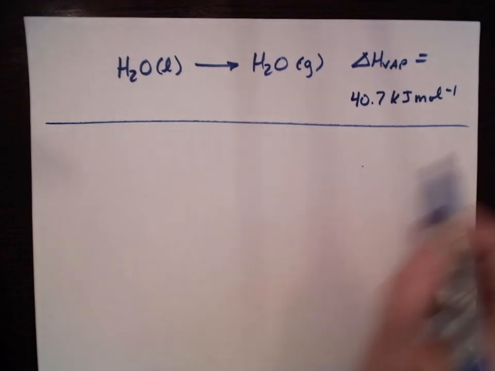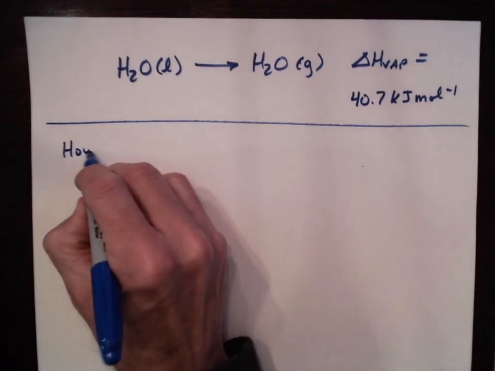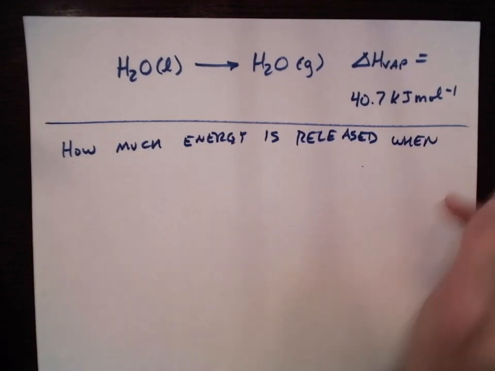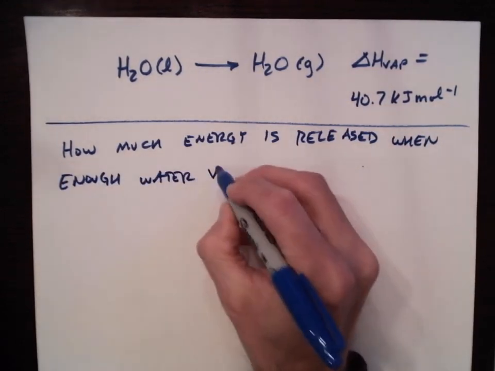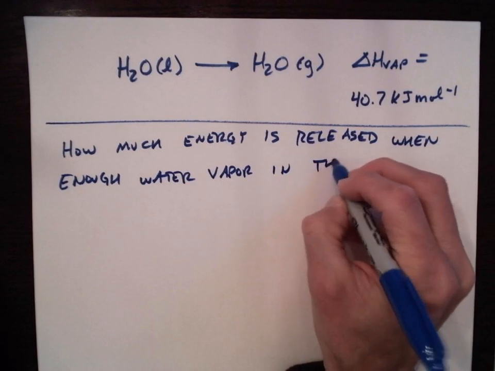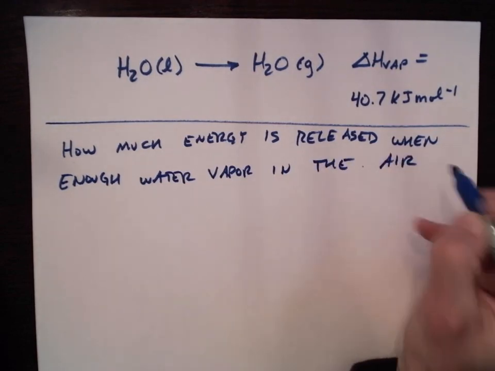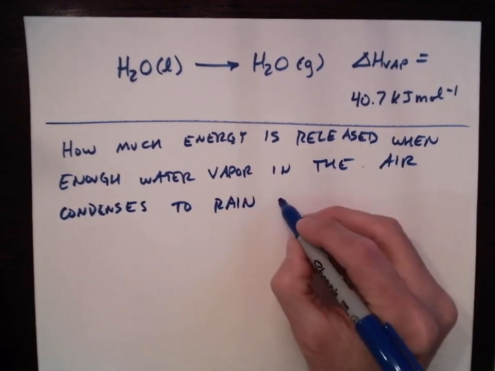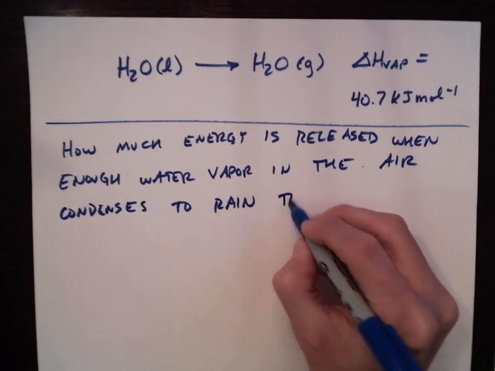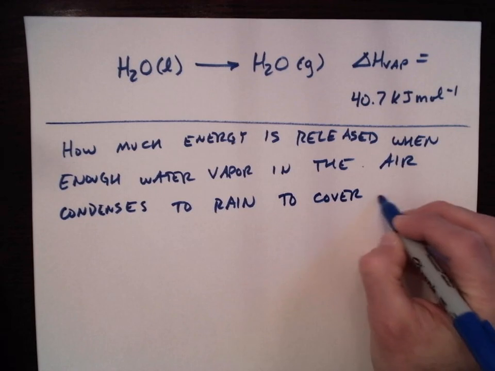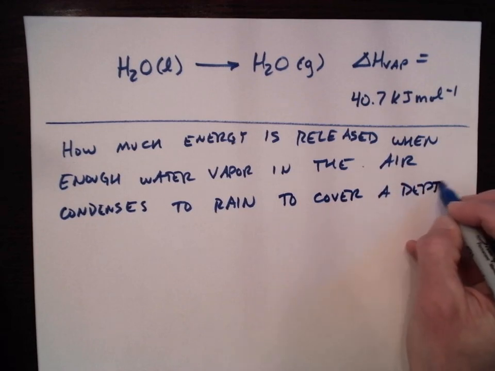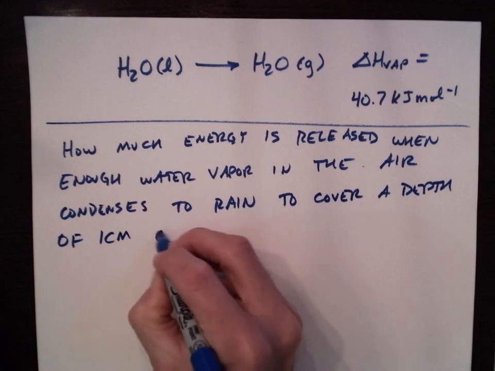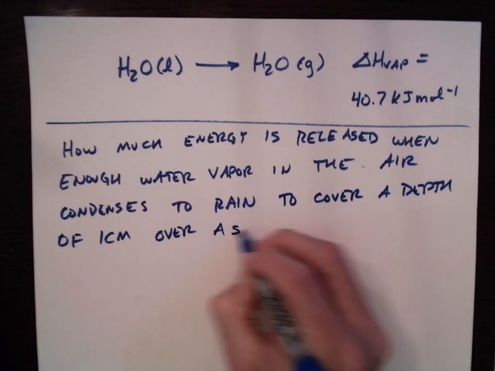Given this information, let's figure out how much energy is released when enough water vapor in the air condenses to rain to cover a depth of 1 centimeter over a square kilometer.